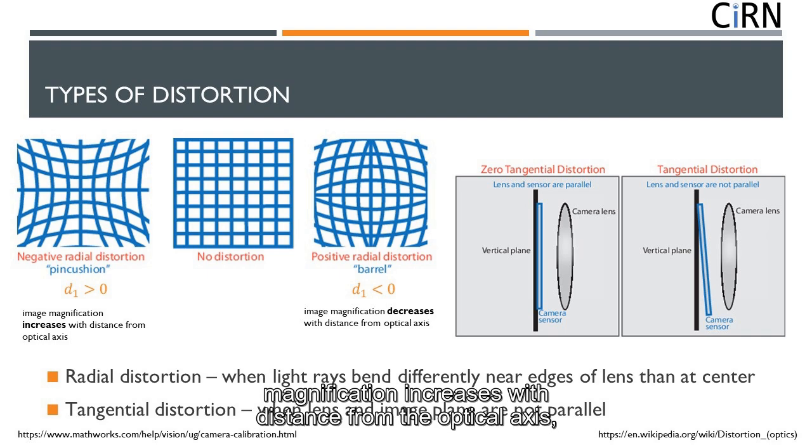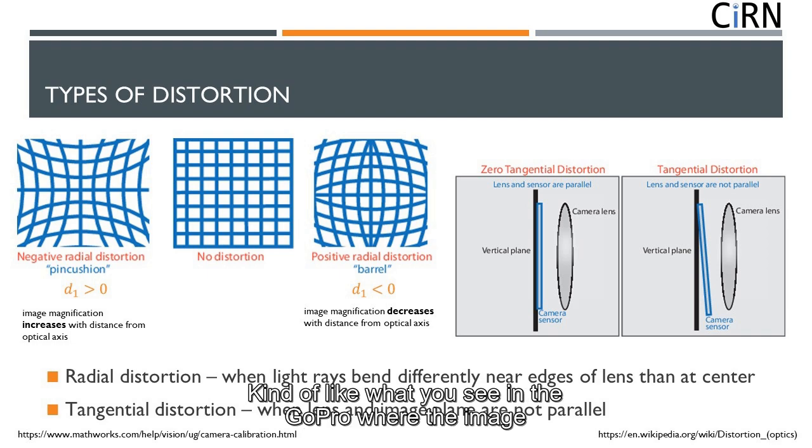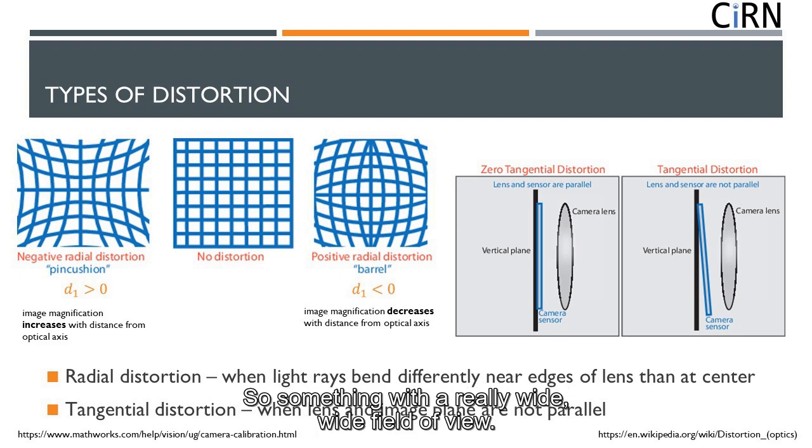And so the image magnification increases with distance from the optical axis. So increases on the edges. An example of that is like a telephoto lens. And then on the other end of it would be positive radial distortion or like barrel distortion, kind of like what you see in the GoPro where the image magnification decreases from the optical axis. So something with a really wide field of view.